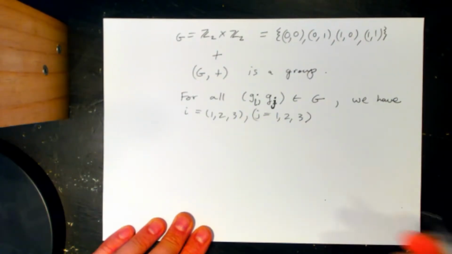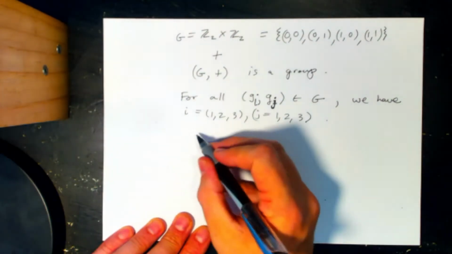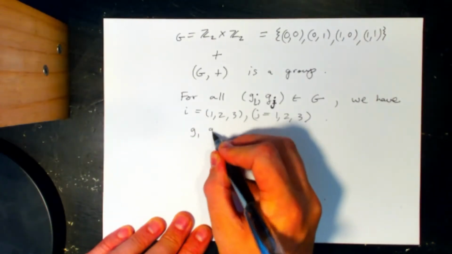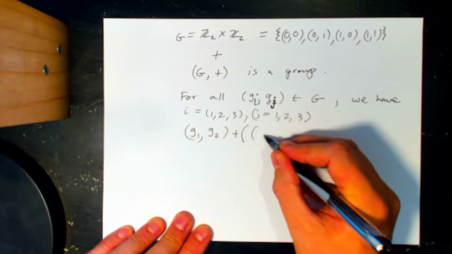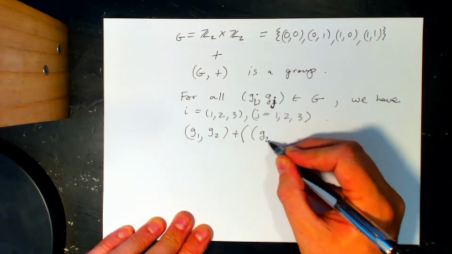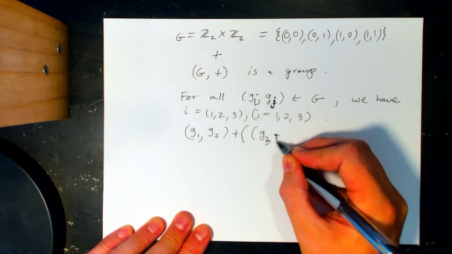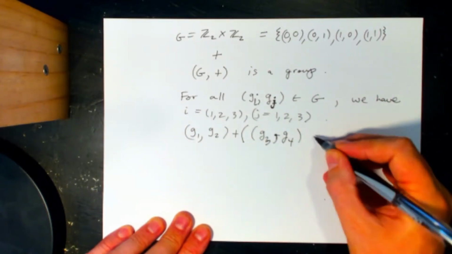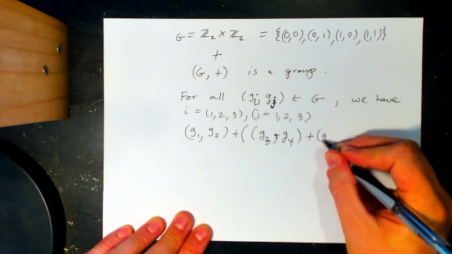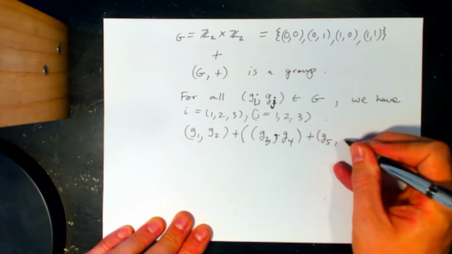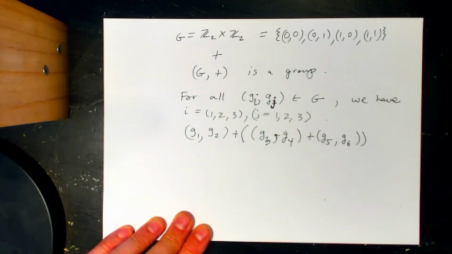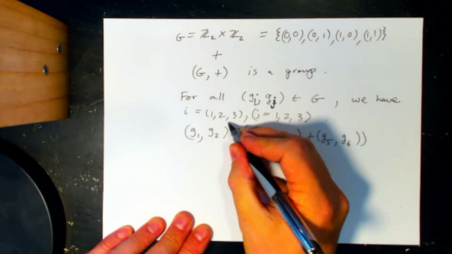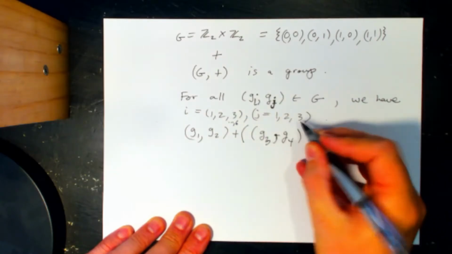So I want to talk about associativity here. So (G1, G2) plus, in brackets, (G3, G4) plus (G5, G6). Now I can see I actually need more letters, don't I? So dot dot dot up to 6.